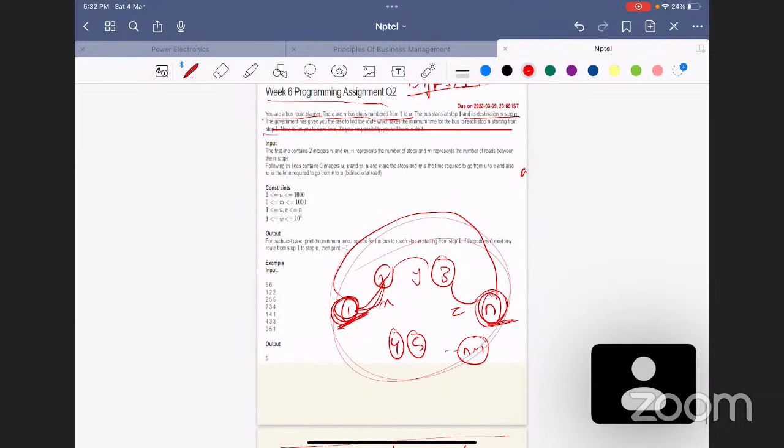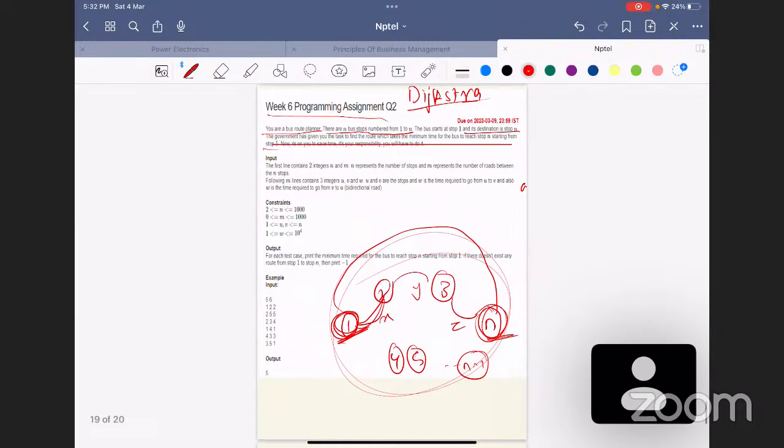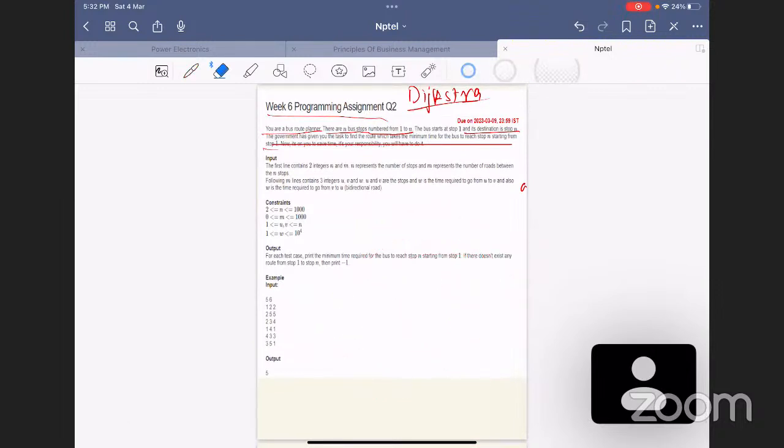Yeah. So I hope everyone understood the problem statement. Now let's look at the input, how we are taking the input. The input contains 2 integers, n and m, which is 5 and 6. That is, n is 5, m is 6. N represents the number of stops, m represents the number of roads between the first n stops.